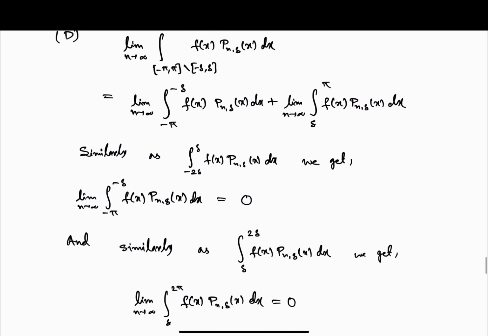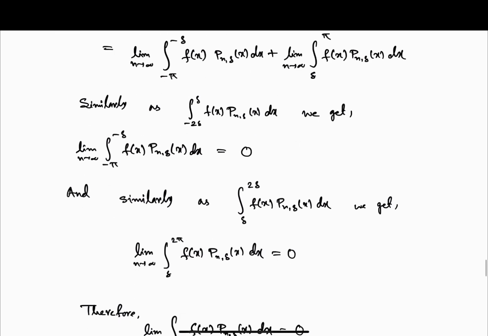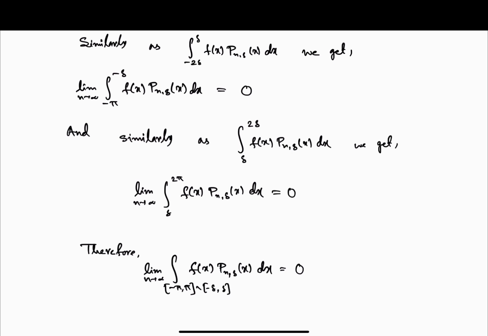These two we can check similarly. So therefore, minus pi to pi excluding minus delta to delta, limit n tends to infinity, f(x) p_n delta(x) dx. Because both parts go to 0, the overall integral will be 0.